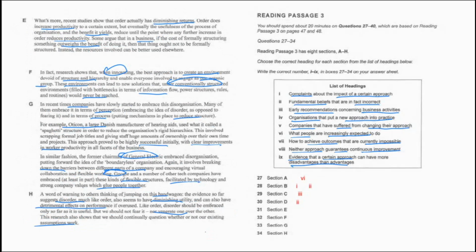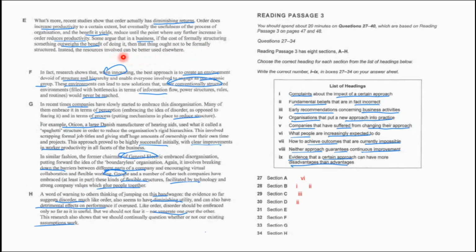Since the E paragraph doesn't have a keyword for a true false question, we are going to solve the list of headings question directly. Since this paragraph is very small, we have to read it all. Generally I like to read the first 2 lines and last 2 lines. If I read the last 2 lines in this one, some argue that in a business, if the cost of formally structuring something outweighs the benefit of doing it, then that thing ought not to be formally structured.